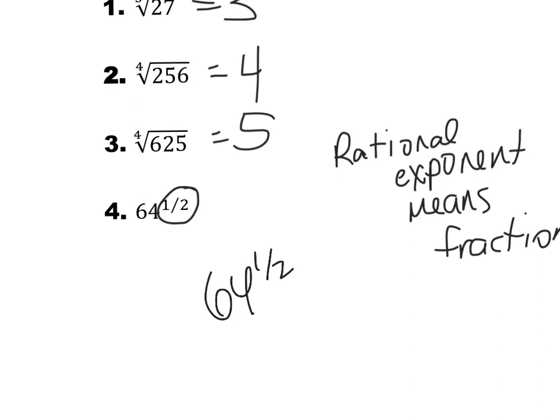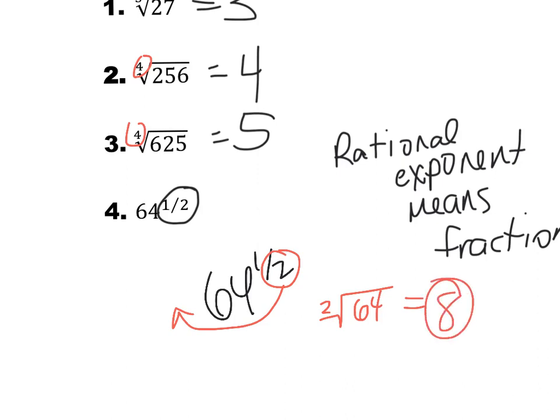Whenever you have an exponent that is a fraction, the denominator becomes what's called the index. That's the little number in front of the root sign. So what this is really saying is the square root of 64. What is the square root of 64? 8. Okay, so it's important for you guys to understand.